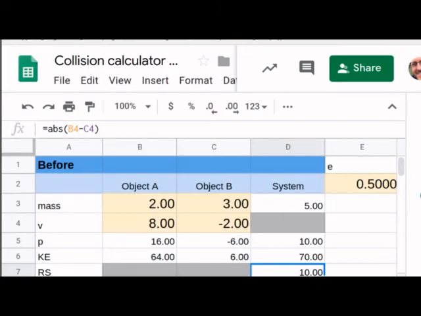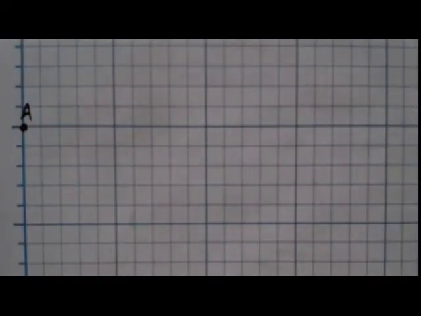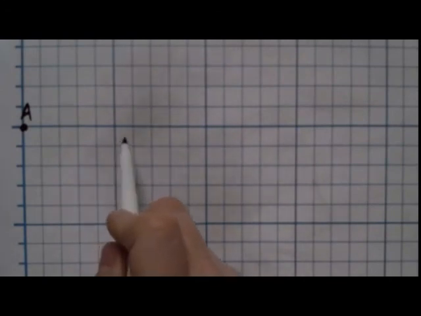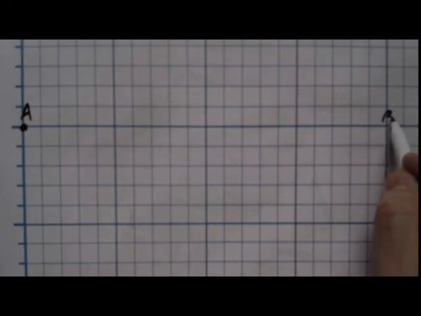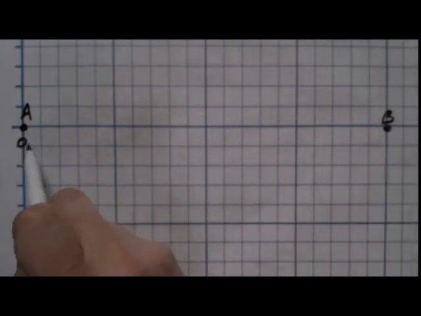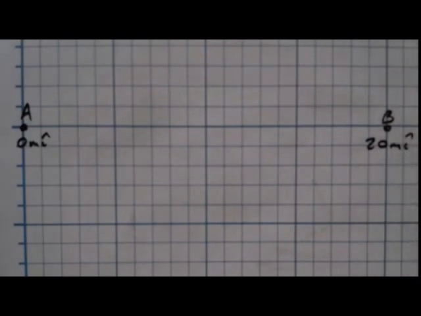So I'm going to go over to the whiteboard, and I'm going to say that object A is going to start here at position 0, and object B is going to start way over here at position 20. So this one's at 0 meters i hat, this one's at 20 meters i hat. So that's how far apart they are.